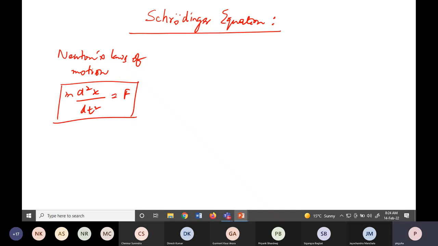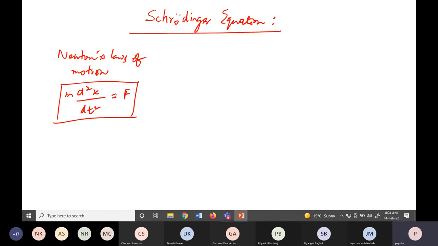And at any particular time, if you know the position and momentum of the particle, then it is possible according to Newton's law to find out its position and momentum at a future time, quite accurately. So that's basically Newton's laws of motion.